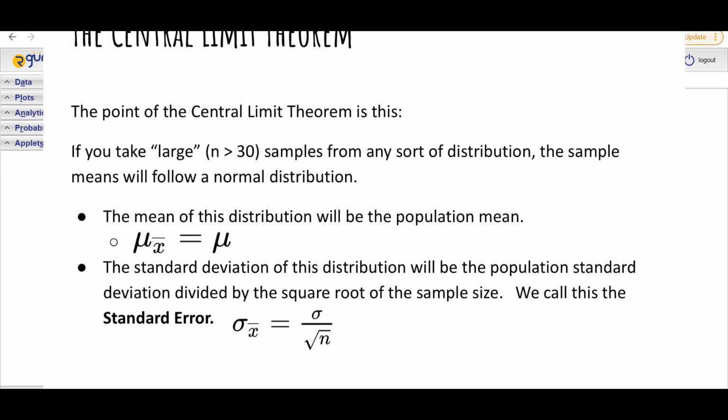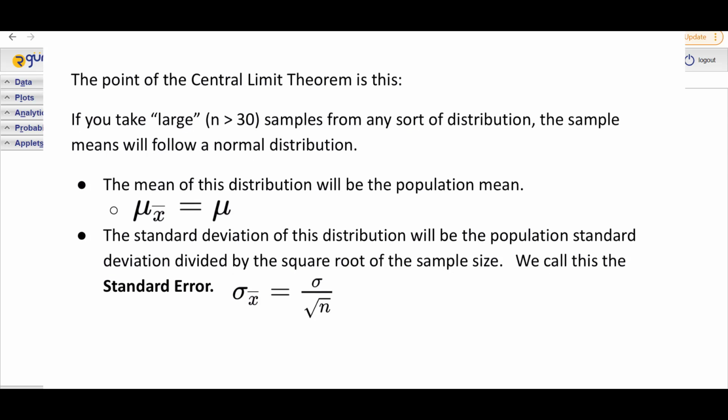So if we take a large sample size, and we're going to define a large sample as a sample bigger than 30, the sample means will follow a normal distribution. So we have some new notations that we need to learn. And the first notation is the mean of the normal distribution. The mean of this type of distribution is called the mean of the sample means, and it looks like this.